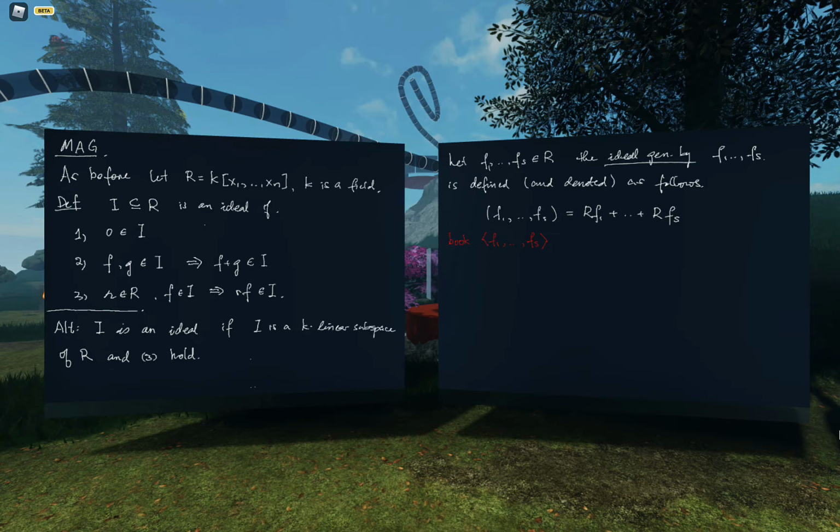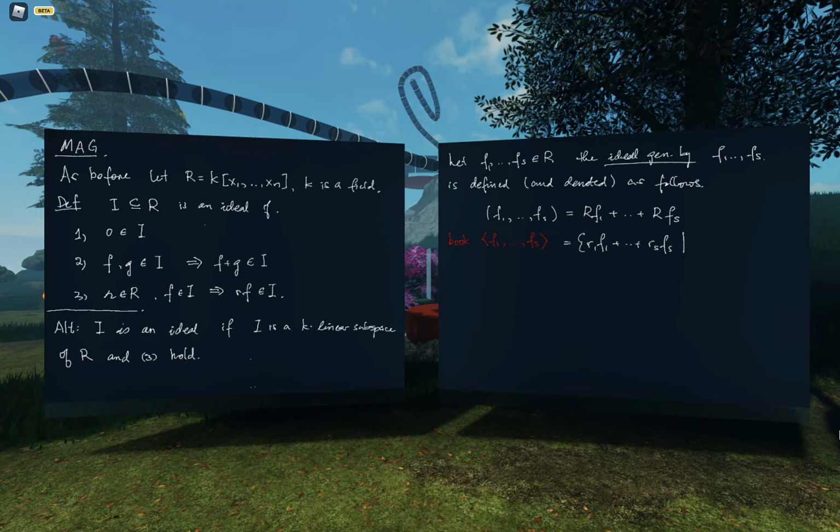So this is maybe not the book's notation, but this is a notation I kind of like. Whenever you write R, which is the ring, a polynomial ring, and I write RF1, what I'm saying is that it's a set: I take every element of R and then multiply by F1. I guess here on the right, but since everything's commutative, it doesn't matter. So it's a shorthand of writing a set, translated by F1 by multiplication, and the book will tell you that if you expand everything out, it's R1F1 plus ... plus RsFs.